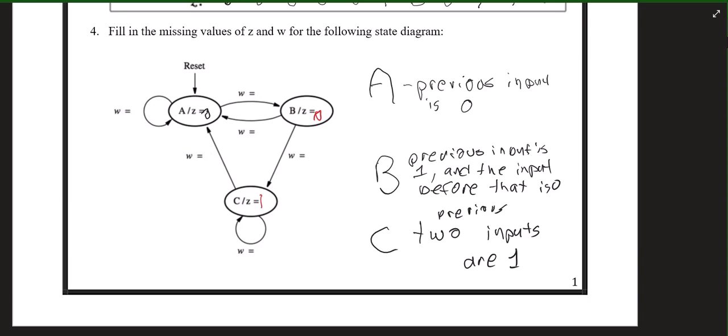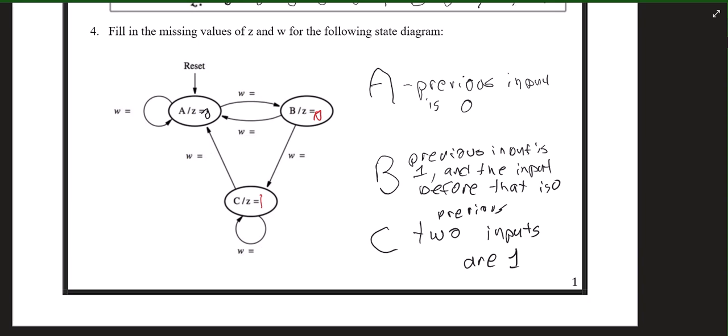When you're drawing one of these, you have to say for every state, what happens if I get an input of 0 and what happens if I get an input of 1. And if you have one that's 2 bits, you have to go through 0,0, 0,1, 1,0, and 1,1. So let's look at this first state.